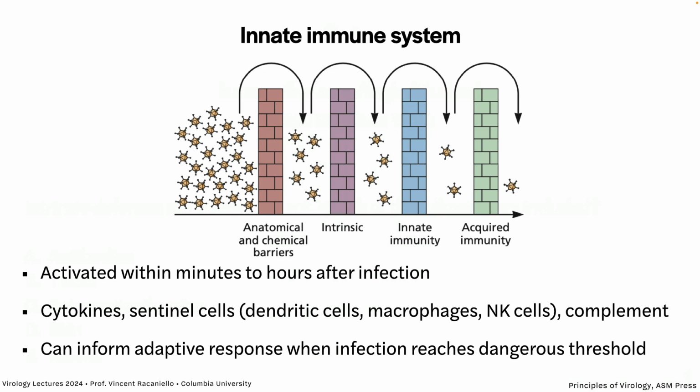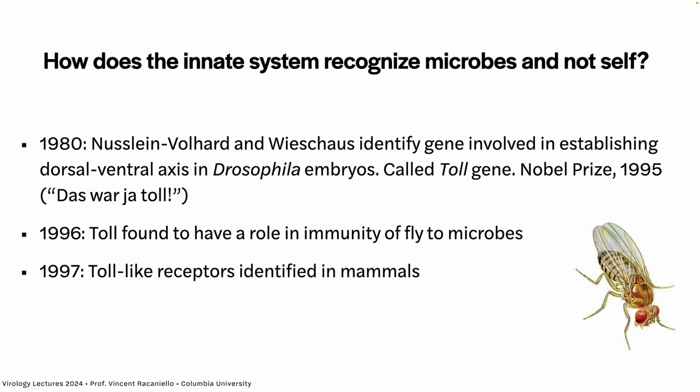We've already encountered those a bit because they can sample the apoptotic bodies to see if there's something foreign there, like a virus. And the neat thing about the innate response is it communicates with the adaptive response. If the innate response cannot handle an infection, if virus levels get too high, then the innate response hands it off to the adaptive response, and that takes over. And we'll see how that works today and next time.